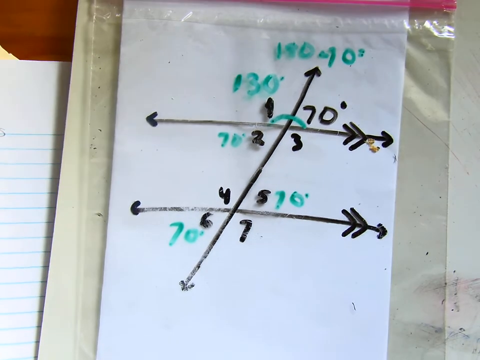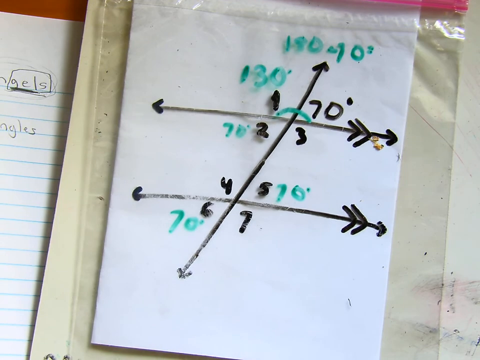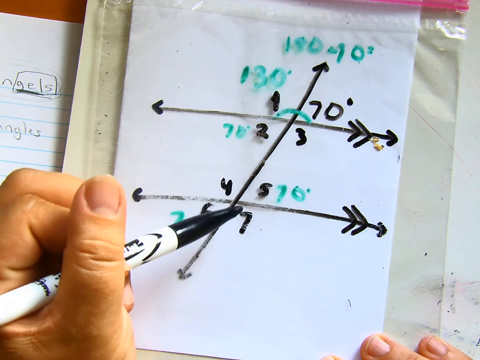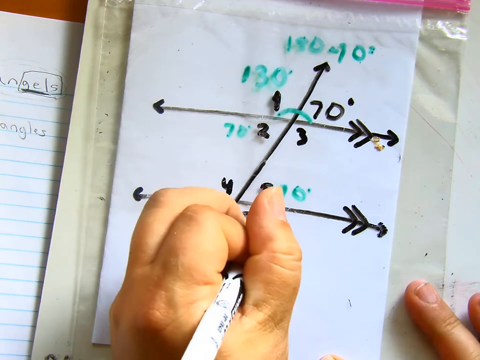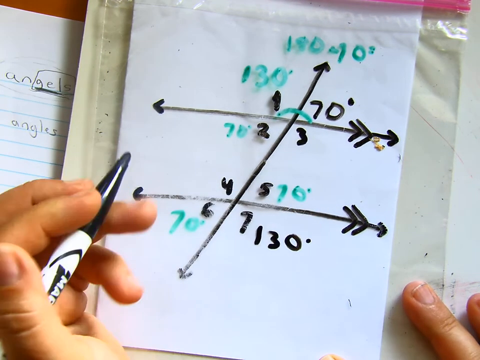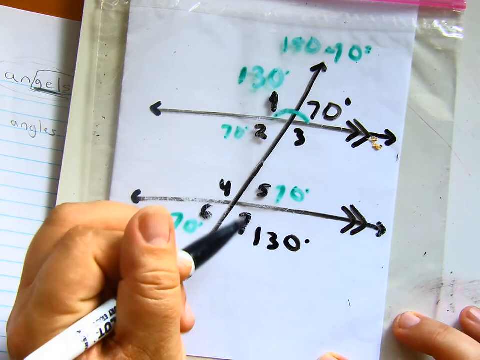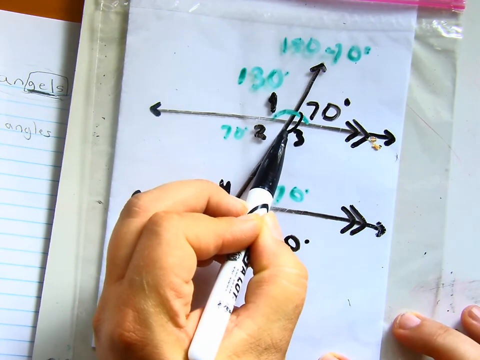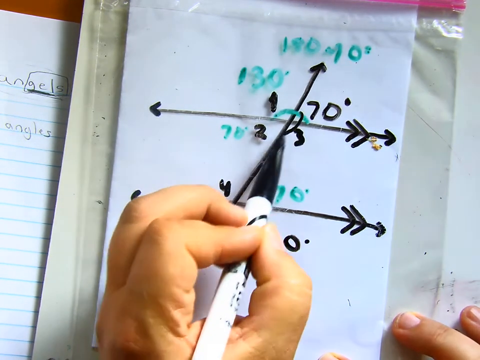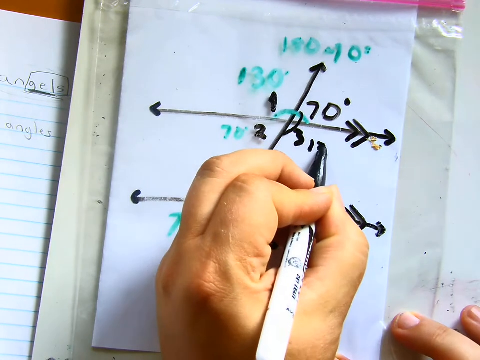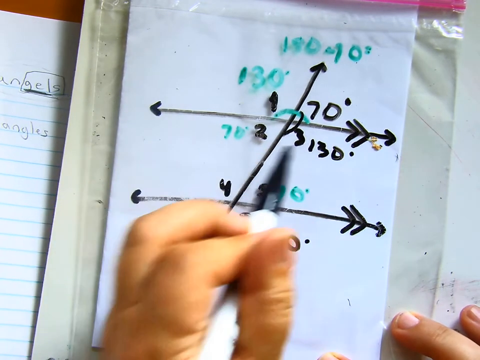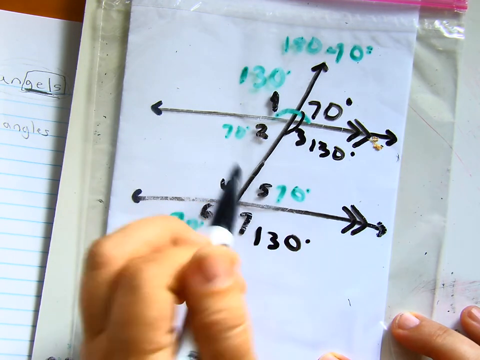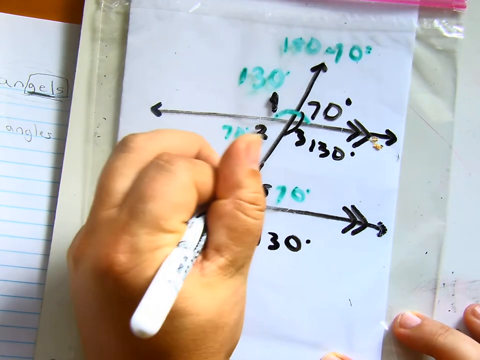So given that angle 1 is 130, alternate exterior angle says that angle 7 is also going to be 130 degrees. Right? Well, if you look here, we have another supplementary angles, 70 out of 180, so this is 130. Well, these are alternate interior angles. So this is also going to be 130 degrees.